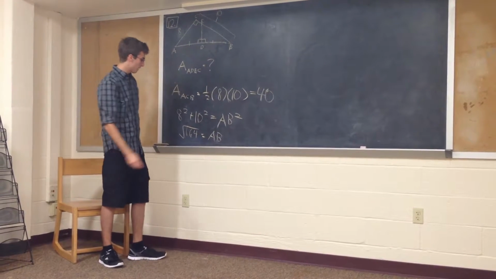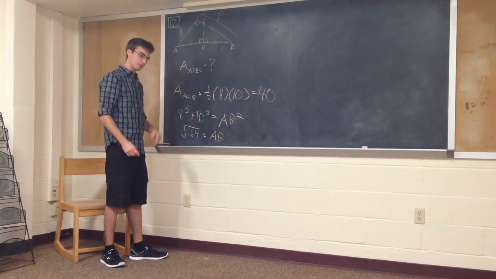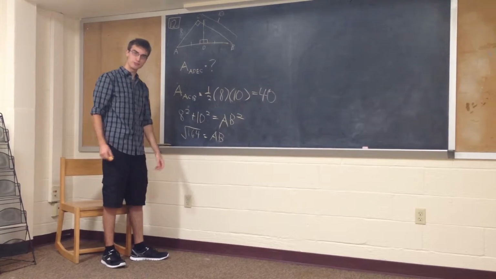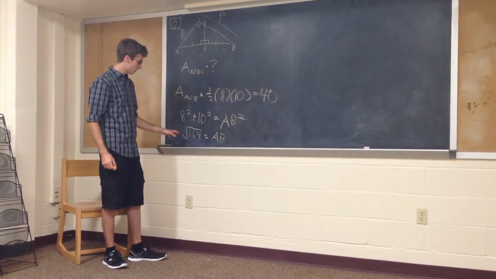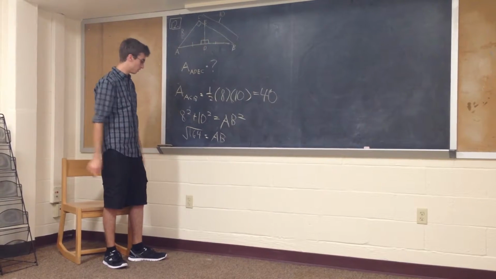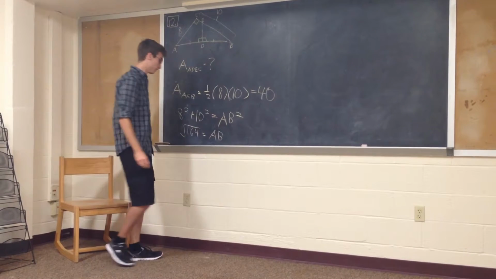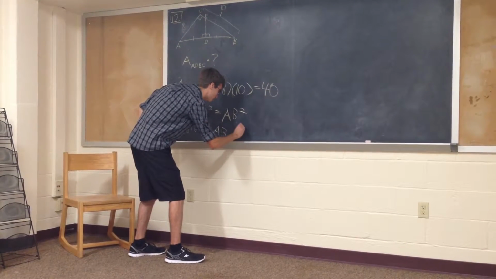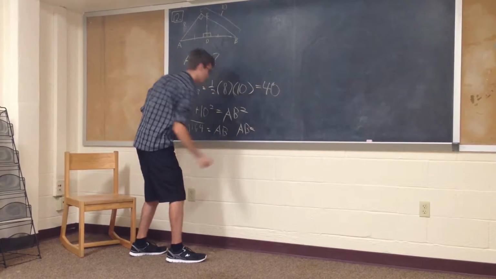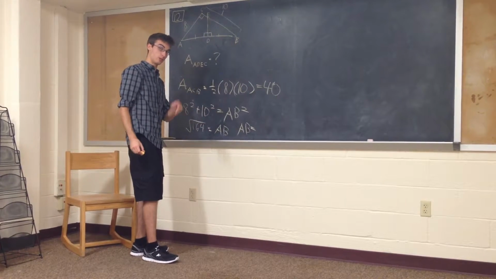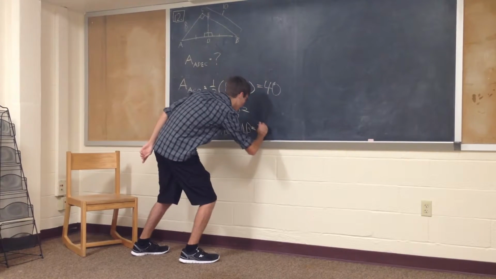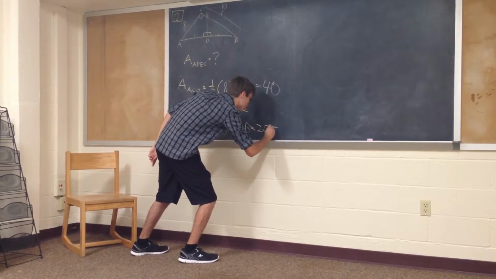And you look at this root, it looks kind of weird, but that's all right, because if you think about what factors go into it, 4 and 41 would go into that, right? I think so, if my math is correct. So AB is also equal to root 4 times root 41, or 2 times root 41. And that's nicer to deal with, isn't it?